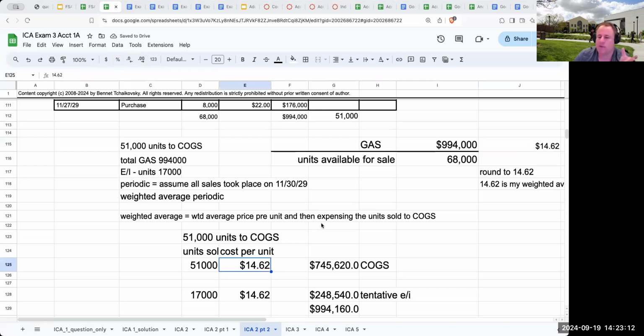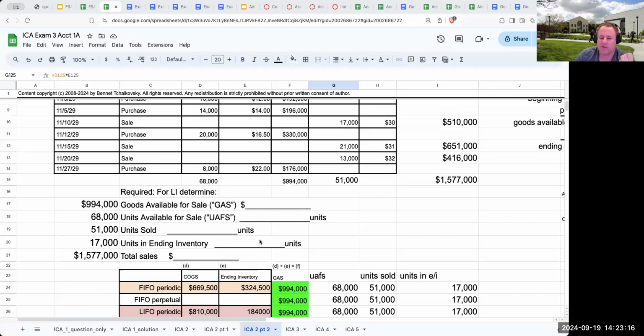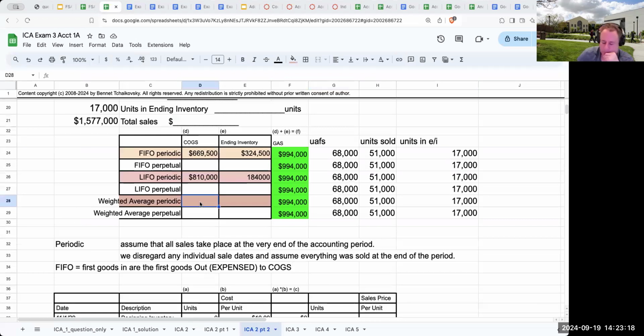So the cost of goods sold is 745,620, and then my ending inventory is going to be 248,380, right? However, we want to make sure that these numbers add up to my goods available for sale. Okay, so that is the periodic method.